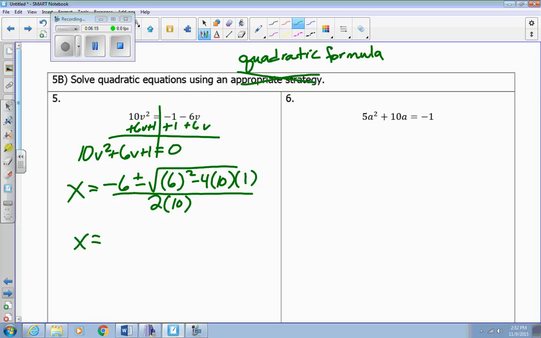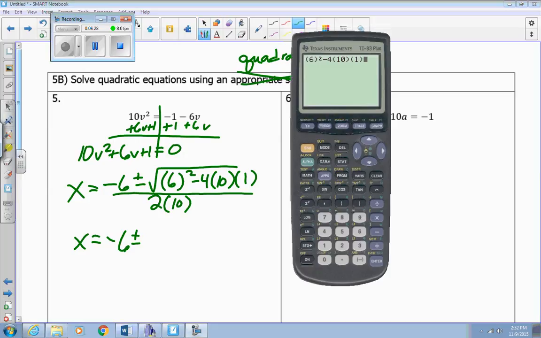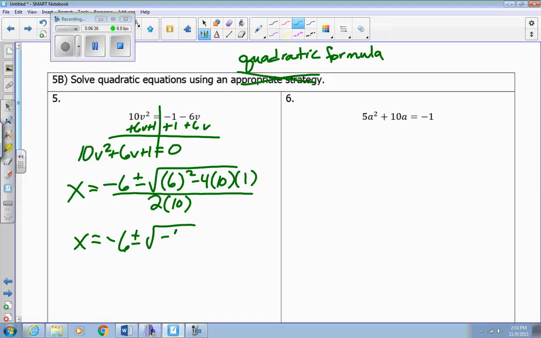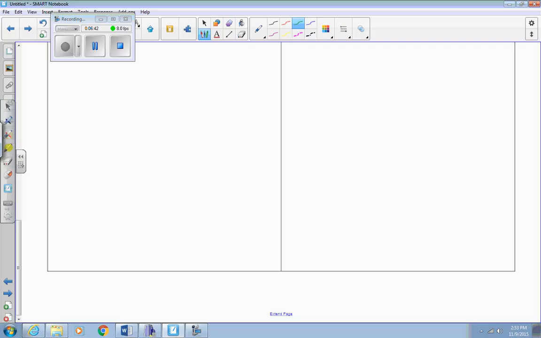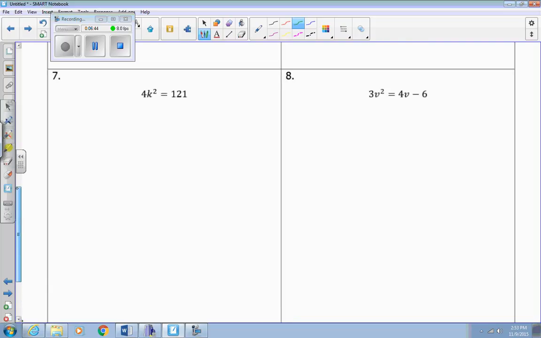So simplifying this down, underneath the radical, I will put that straight into the calculator. So I have it in the calculator, the discriminant, hit enter, I get negative 4. So square root of negative 4 all over 20. Now let's simplify the radical.